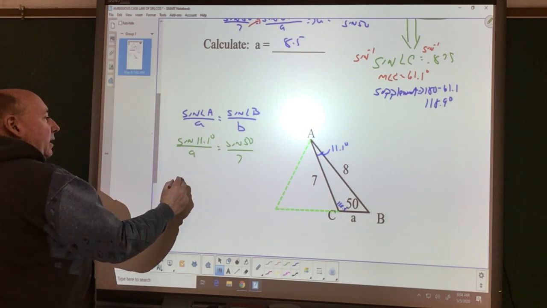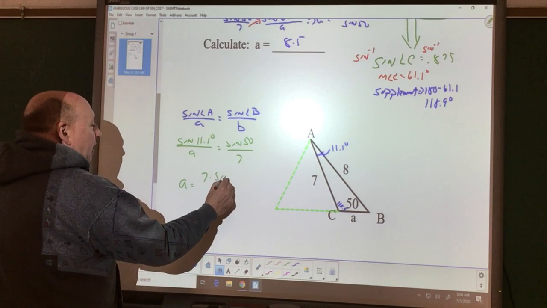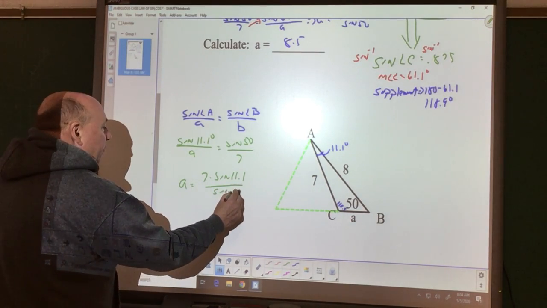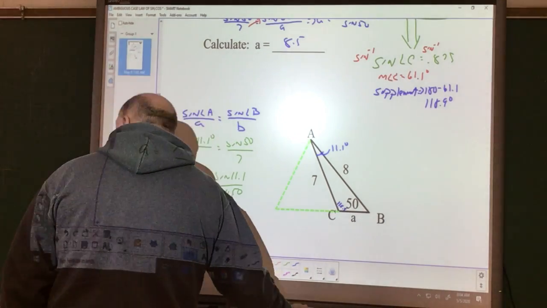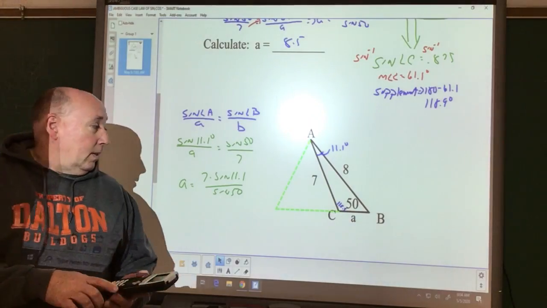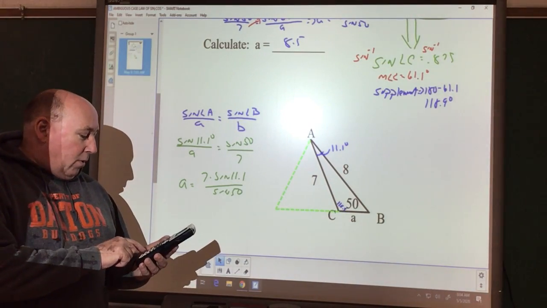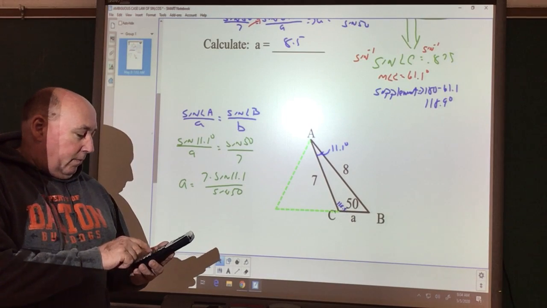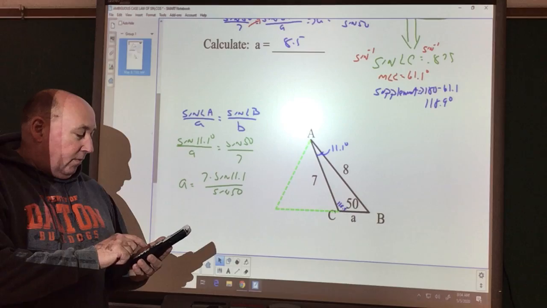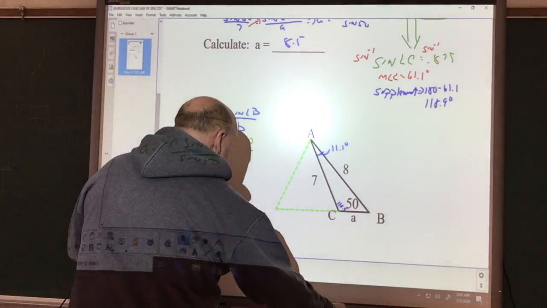Cross multiplying and dividing, a would equal 7 times the sine of 11.1 divided by sine of 50 degrees. So once again, we can clickety-clack through the calculator. 7 sine of 11.1 divided by, oopsie, goes my parenthesis, divided by sine of 50, I get 1.76.